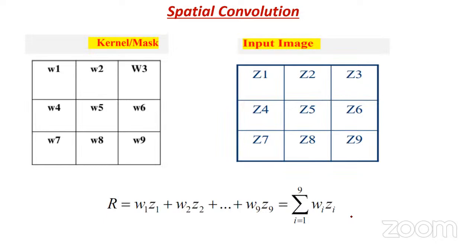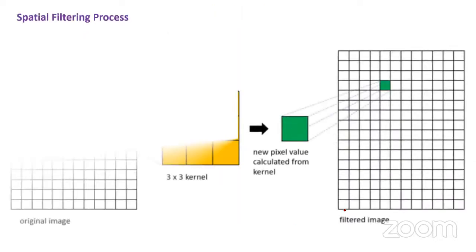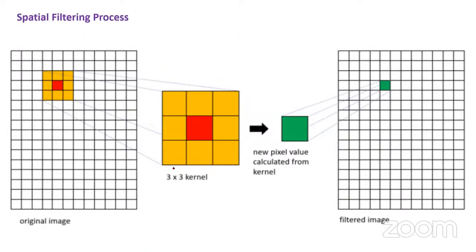Now we will see how to apply this average filter for smoothing of the given input image. This is the original image with a 3x3 kernel; you can take 3x3, 5x5 or 7x7.